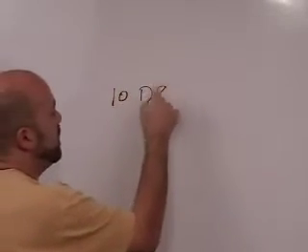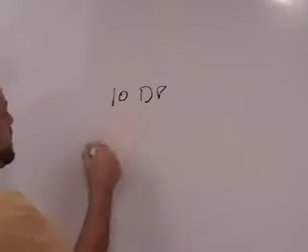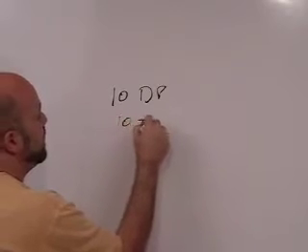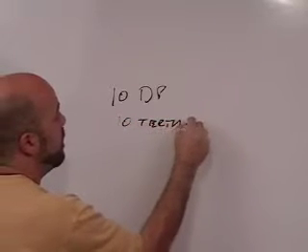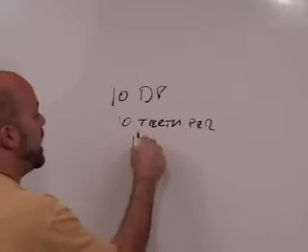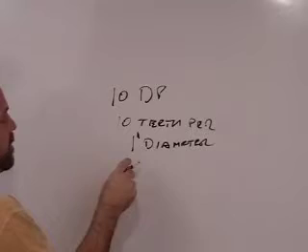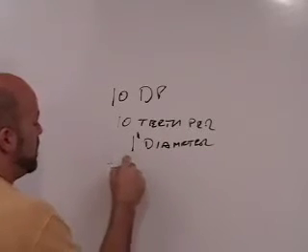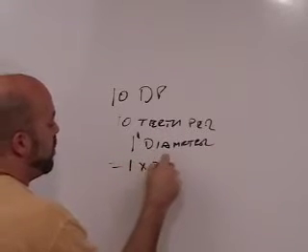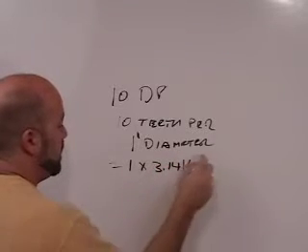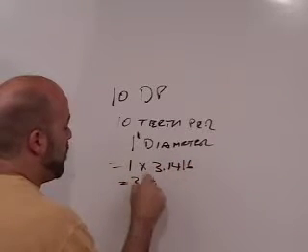All right. If your situation is 10 DP. Now, one day I'm going to talk about DP and all of that and what that means. But right now, I'll just do the math real quickly. 10 DP, that means 10 teeth per 1 inch diameter. Okay? So 1 inch diameter times pi equals 3.1416.